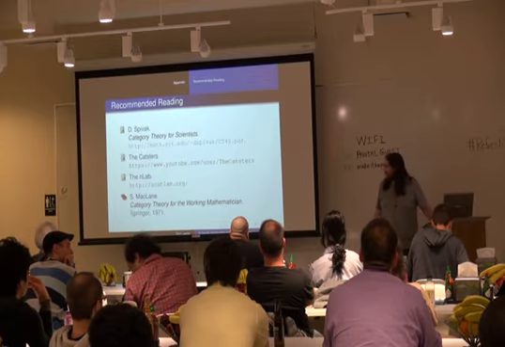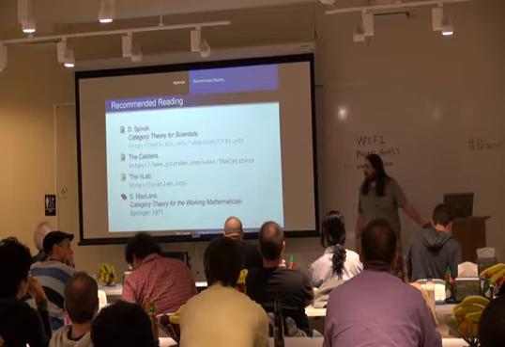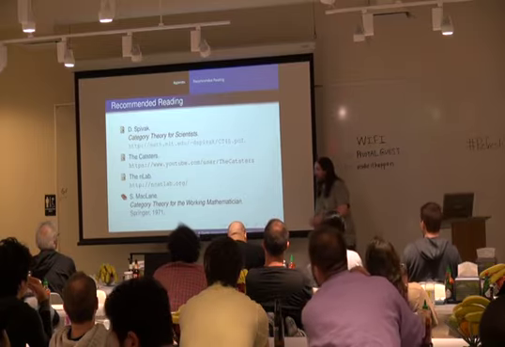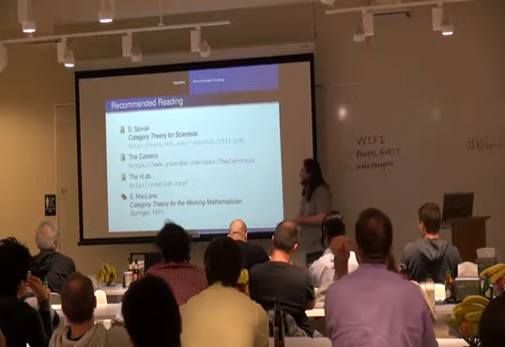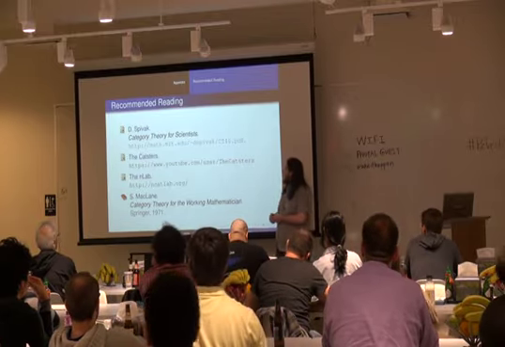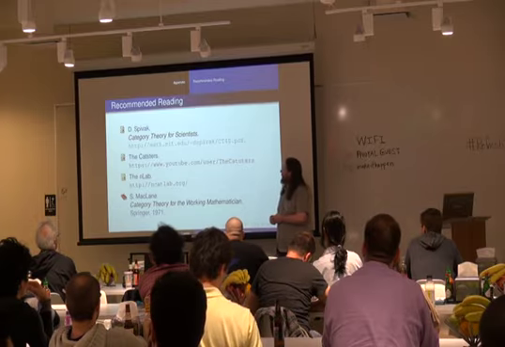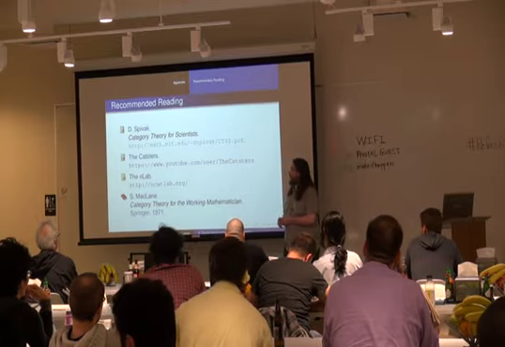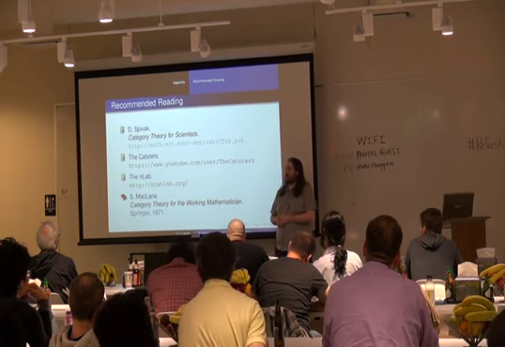In the meantime, in case this talk has piqued your interest and you want to learn more about category theory, there are a few things I'd recommend reading. One is a lovely free online book by David Spivak called Category Theory for Scientists.